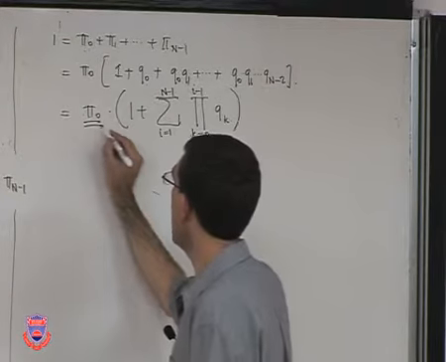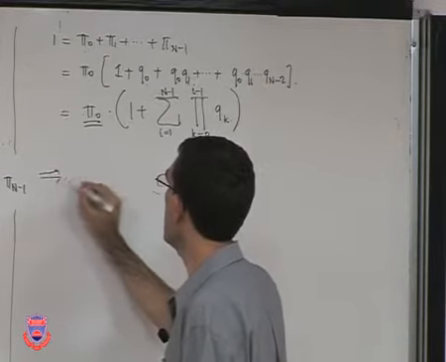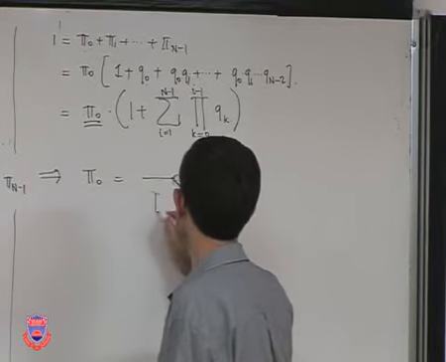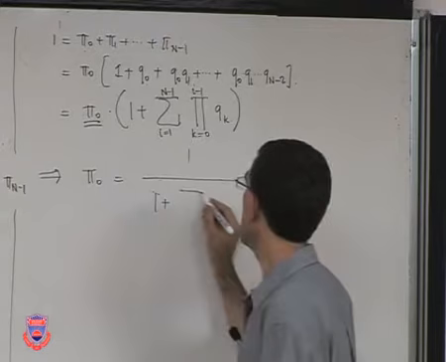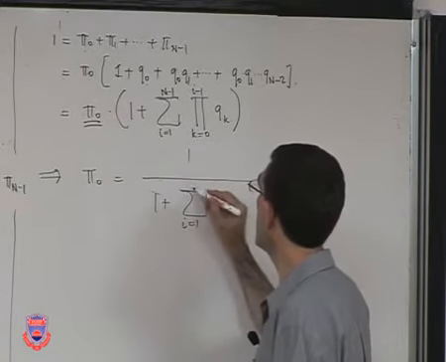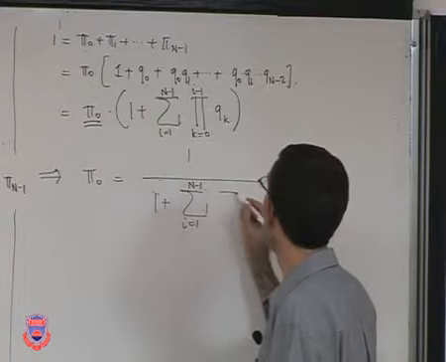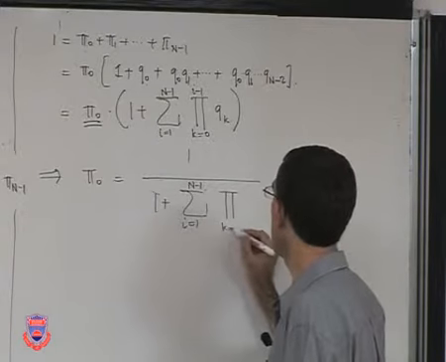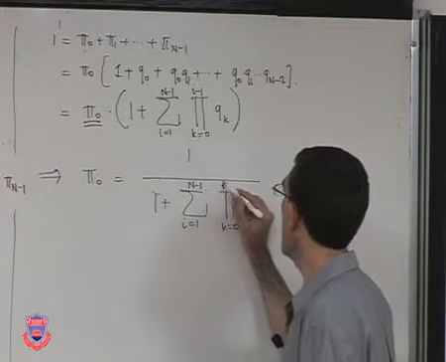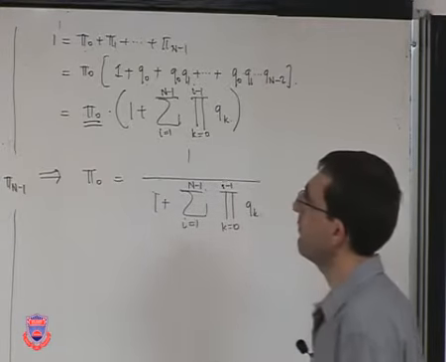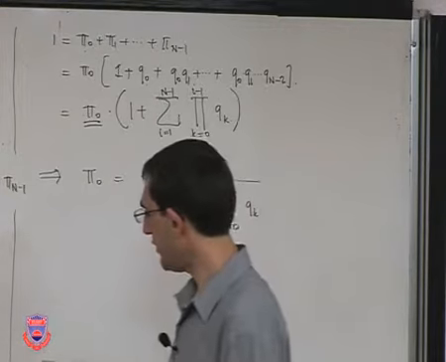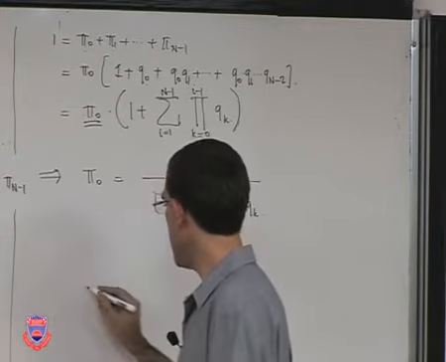And now we can calculate pi 0, right? From this, we know that pi 0 equals 1 over 1 plus the sum as i goes from 1 to n minus 1, of the products of qk's as k changes from 0 to i minus 1. Okay? Since now we know what pi 0 is, we can find all other pi's.